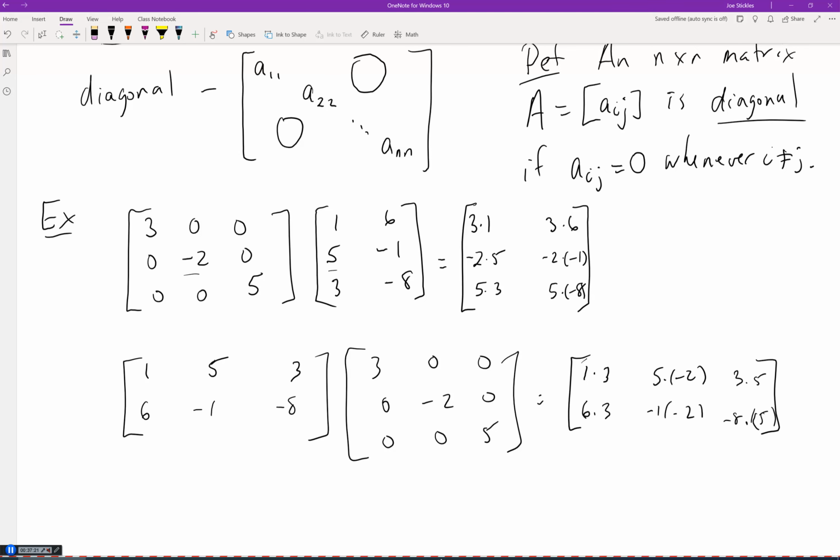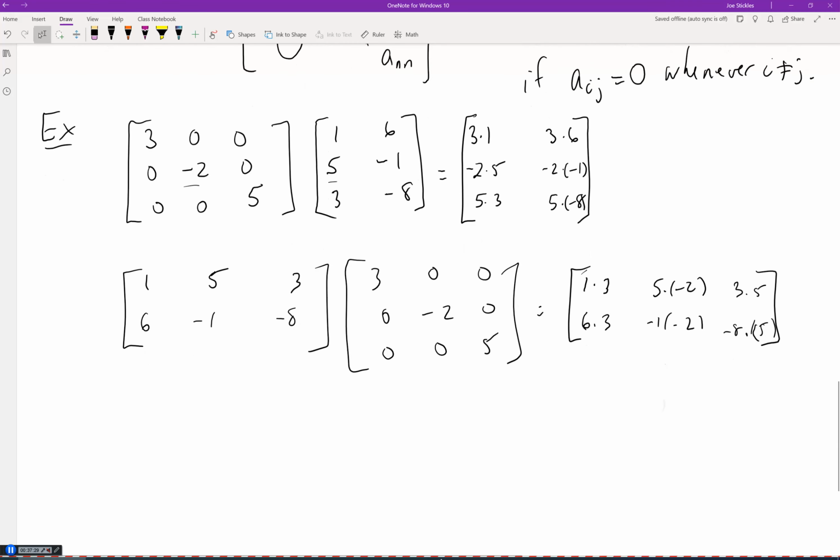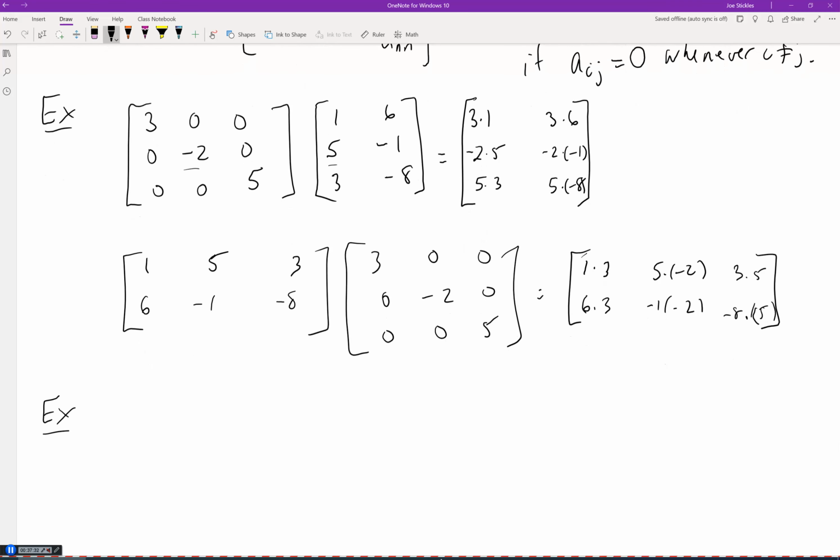All right. And again, this is true in general for any diagonal matrix that you have. Which also allows you to do things like take powers quickly. If your A was, let's say, 1, 0, 0, 0, 0, -2, 0, 0, 0, 0, -1, 0, 0, 0, 0, 3.